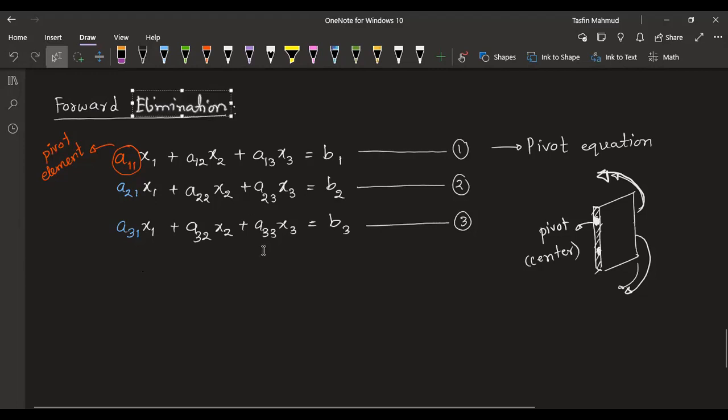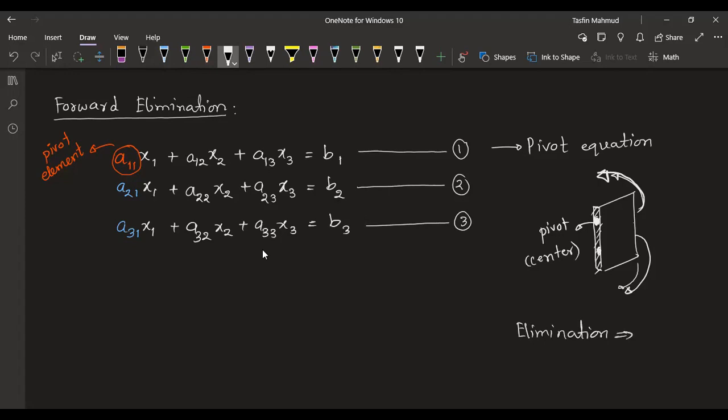By the term eliminate, I mean that we are going to make the term zero, eliminate them, just kill them. That's it. Zero.